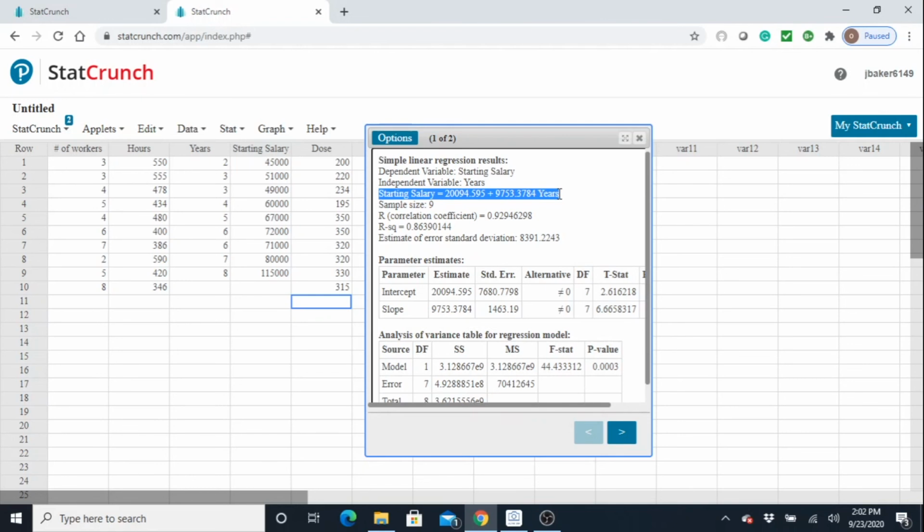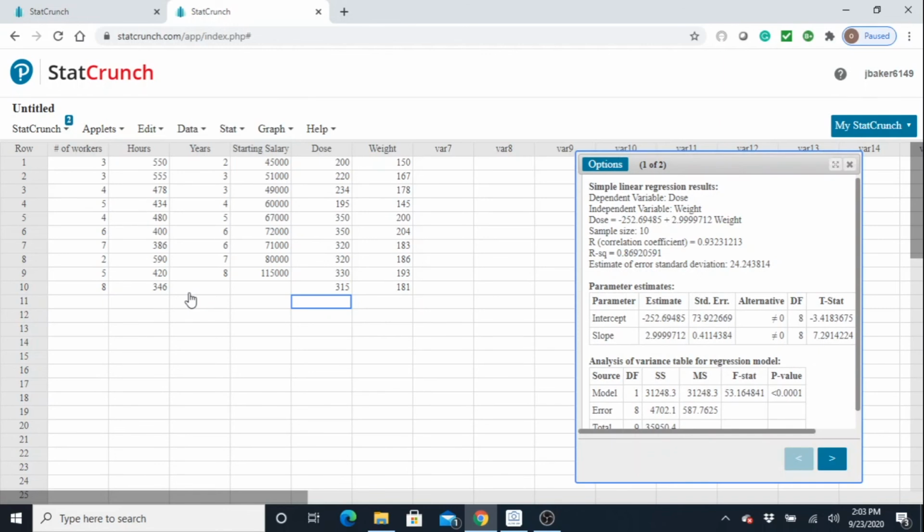And I'm going to get my dose equals negative 252.6949 plus 2.999.